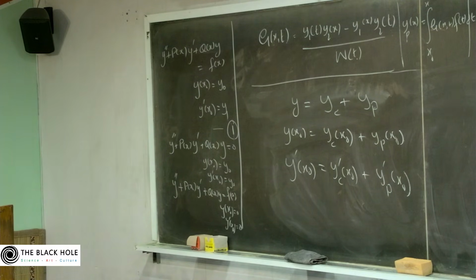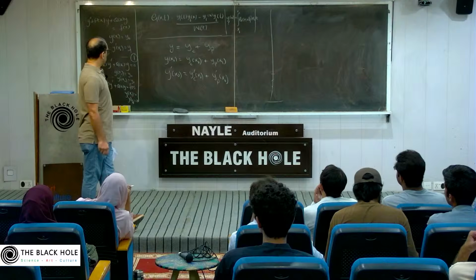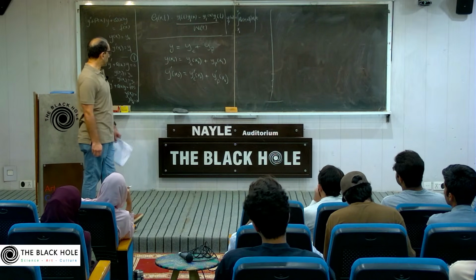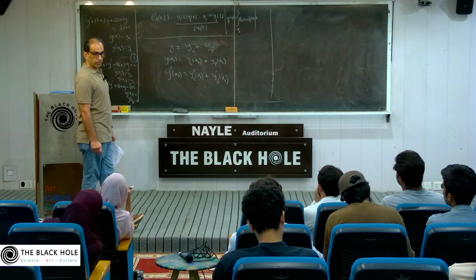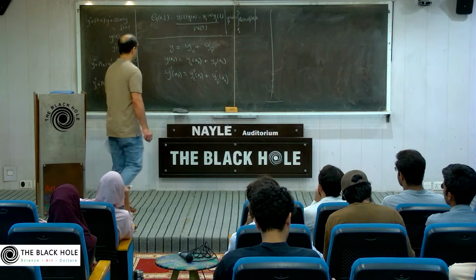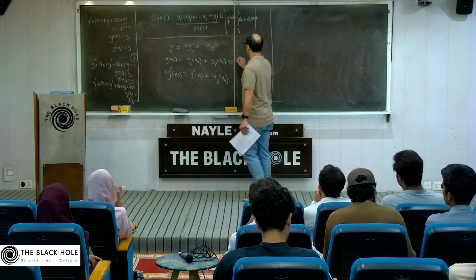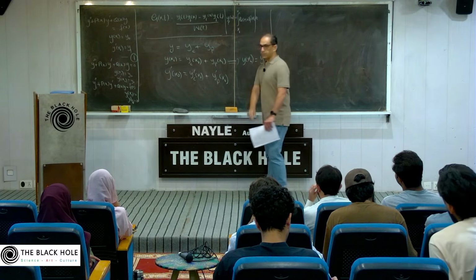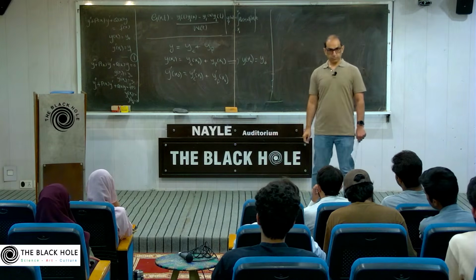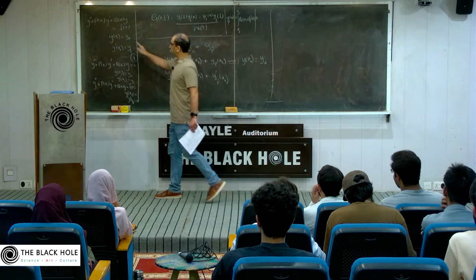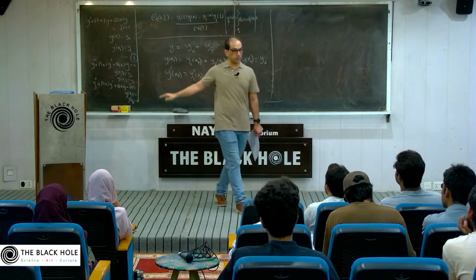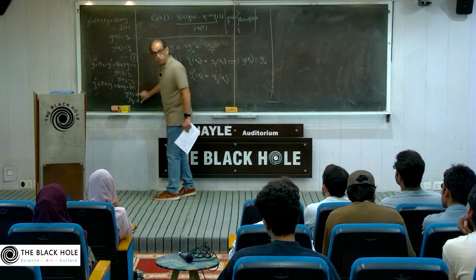So now tell me, what is it that you get when you plug in the values? This implies that y of x naught is y naught, because yc of x naught is y naught. This is the solution of the homogeneous part subject to these conditions.